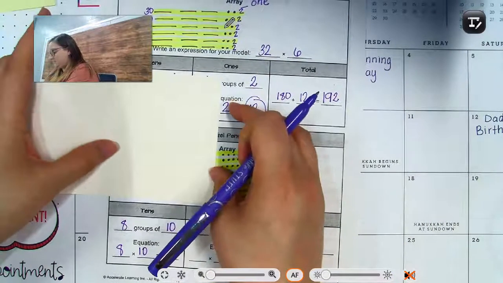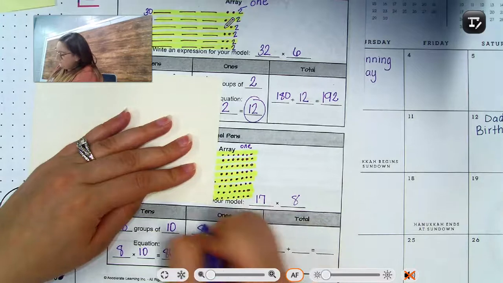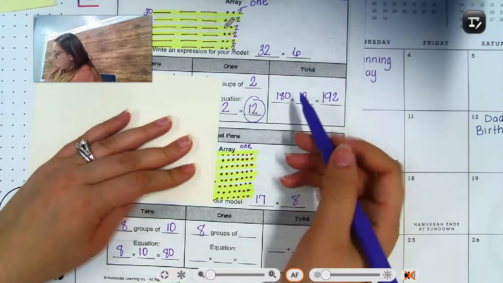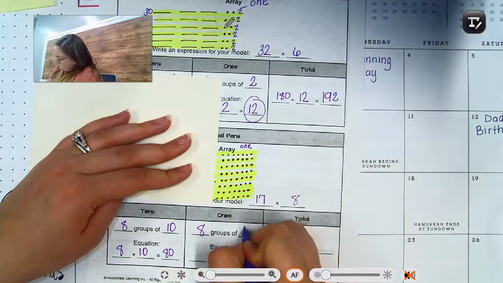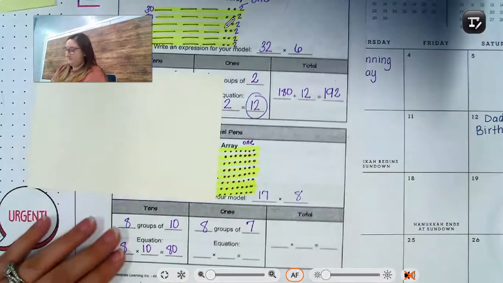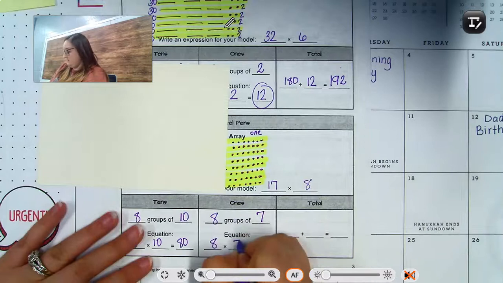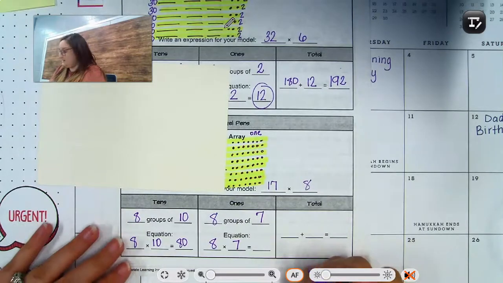Now let's look at the 1s. I have 8 groups of 1, 2, 3, 4, 5, 6, 7. 8 groups of 7. So I know that 8 times 7, so I'm going to be counting by 7s.